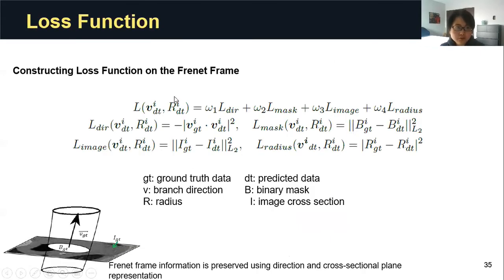The loss function we propose includes the following items. It includes comparing the directions of the 3D patch, and also it compares the mask on the cross-sectional plane, and also the image intensity on the cross-sectional plane, as well as the estimated radius of the detected branch.